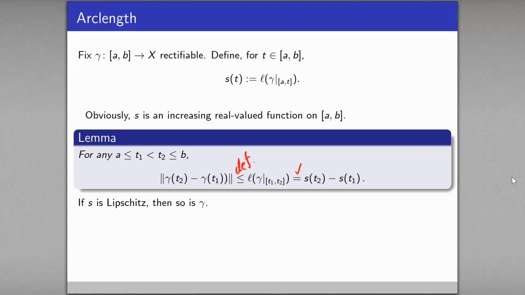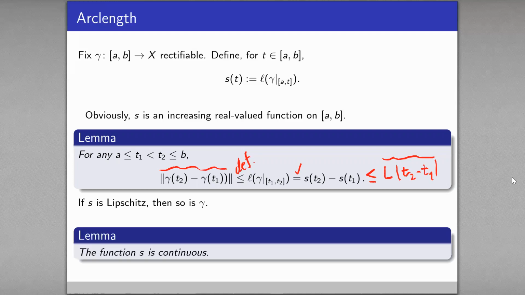For example, if the s function is Lipschitz, that means if there is some L so that this is always less than this, then compare the first and last quantities, then this shows that gamma is also Lipschitz with the same Lipschitz constant. The less trivial observation is that the function s is always continuous.